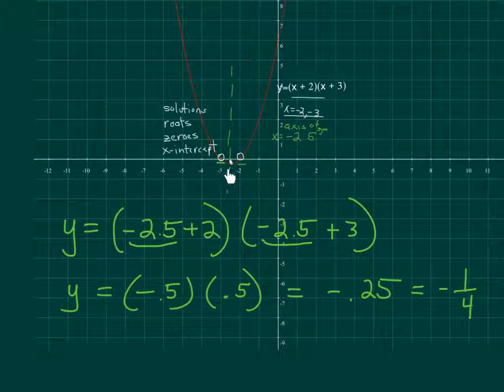Since it's the x value of our vertex, we're now able to substitute that value into our x's to calculate what our y value is at the vertex. And we can confirm, and now we could graph this particular equation and make our parabola. So our final step here, just so that we solidify our information, is to say that our vertex is -2.5, -1/4.